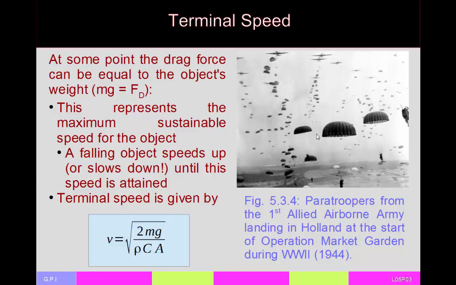So for example, when you're parachuting, you are changing both the shape of the object, and more importantly, this parachute has a much larger cross-sectional area than the person does. And so basically what a parachute is doing is it is decreasing what the terminal speed needs to be. And so it basically means that this guy will fall at a slower ultimate speed than he would have if he had no parachute. And that's why the parachute lets you jump safely from a plane.